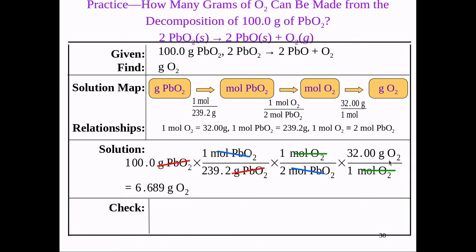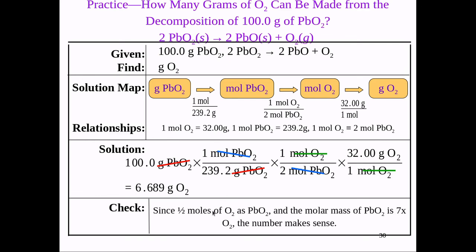After we're done canceling all our units as we go across, we see that we have mass of oxygen, and that we would get 6.689 grams of O2. When we do our check, we can again see that this is a complicated relationship based on the ratio between the two and the size of their molecular weights.